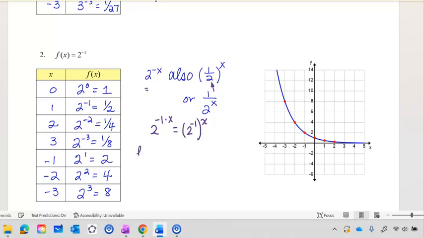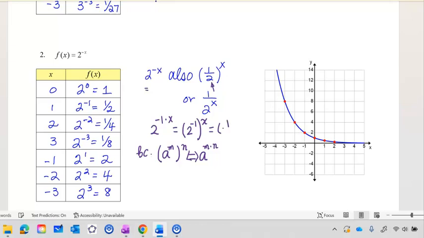Why? Because of the exponent rule: I have a constant a to the m power, outside parentheses another power, so that will be equal, keep the base and multiply the exponents. So I follow this exponent rule and can rewrite 2 to the negative x as 2 to the -1 power, to the x.